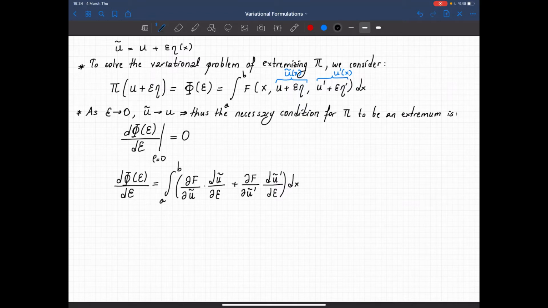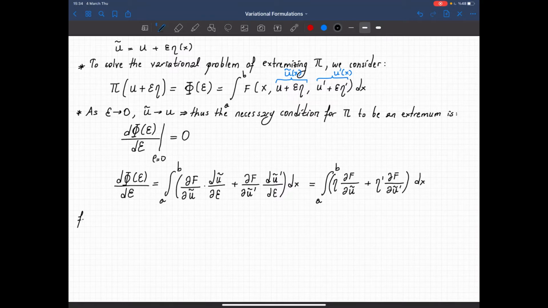Then this is equal to, again from a to b, du hat over d epsilon is nu, multiplied by del f over del u hat, plus nu prime del f over del u hat prime, dx. So this is the derivative.